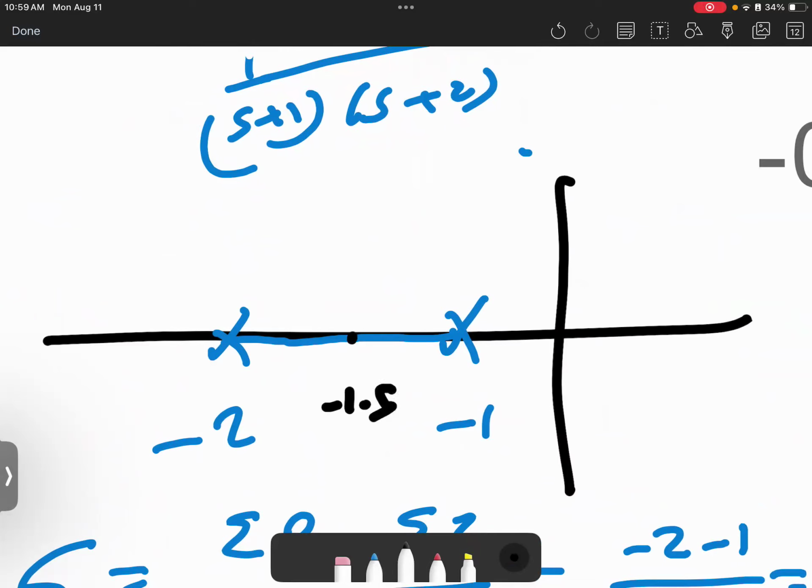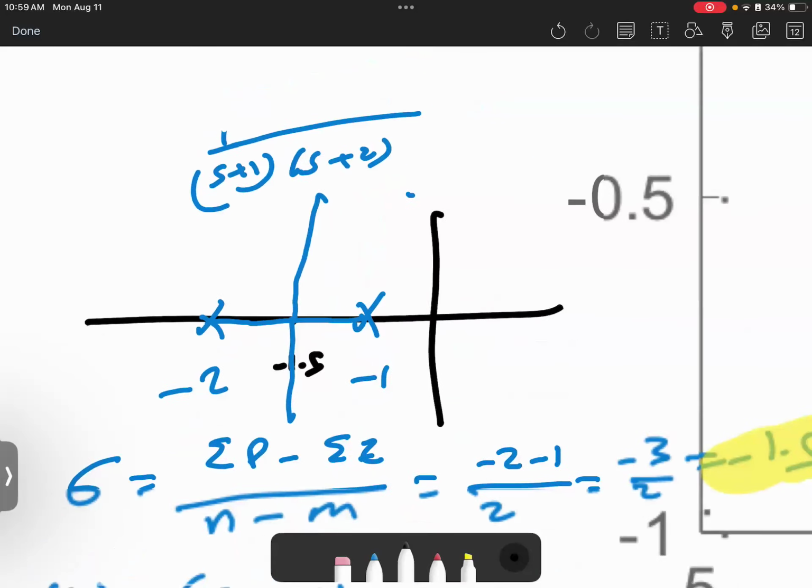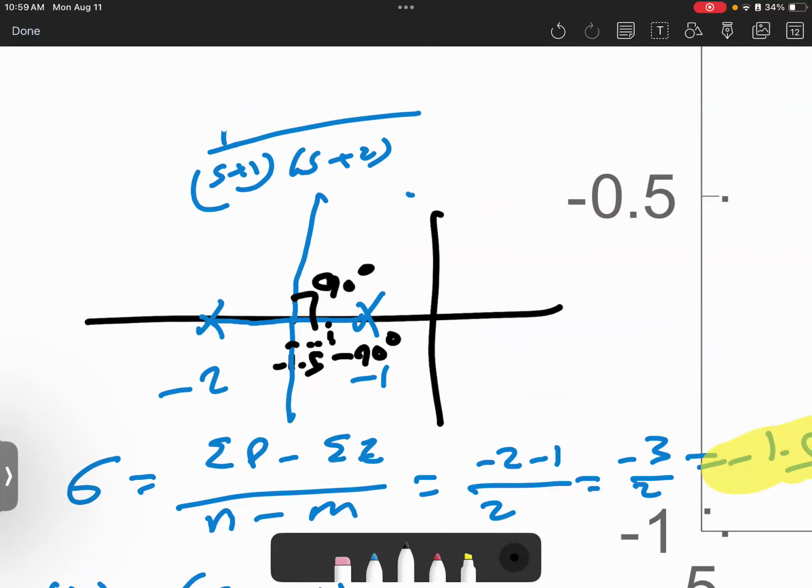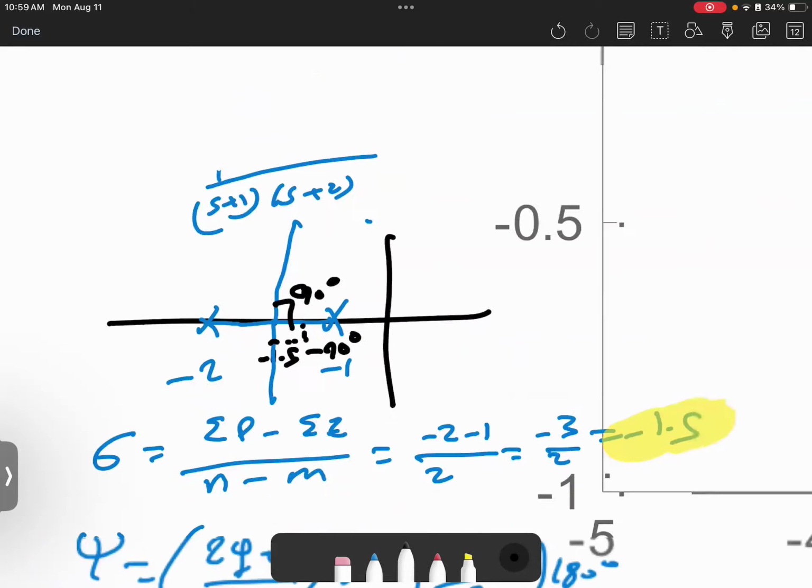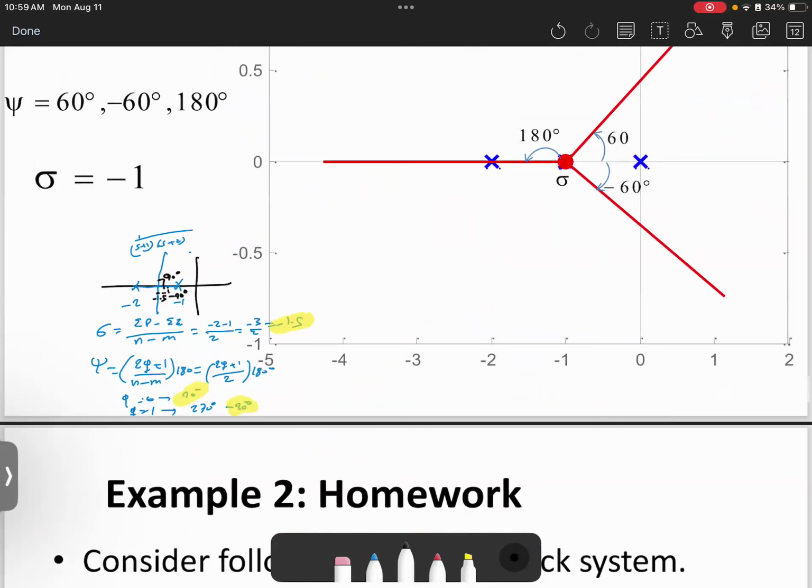Then this is the point where the poles will go with positive 90 degrees, negative 90 degrees. And that's it. That's how we determine the angles, and why these poles go as a straight line, or why this goes with 60 degrees or -60 degrees angle. So that's what I want you to understand.